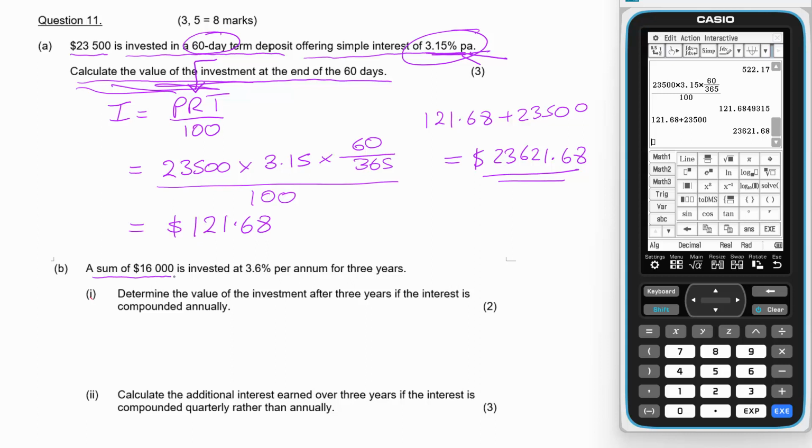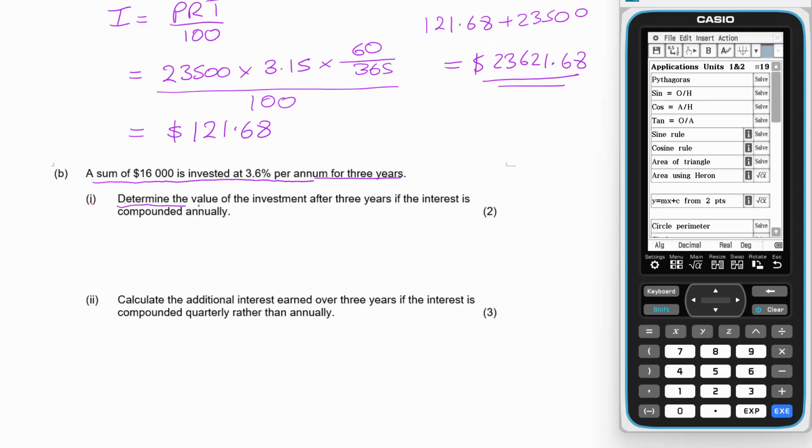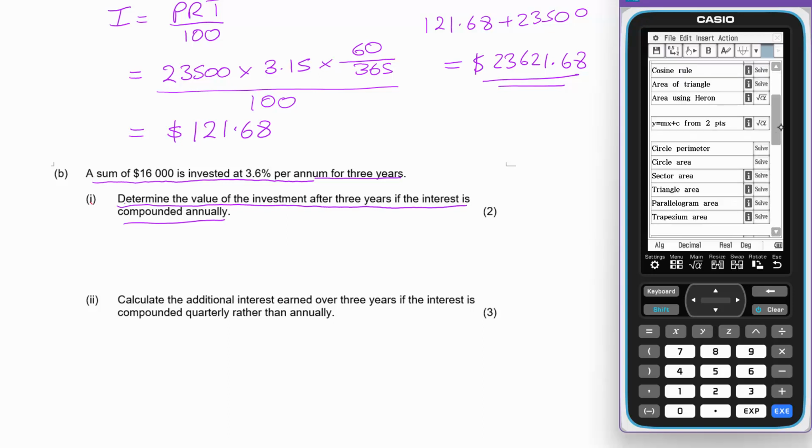A sum of $16,000 is invested at 3.6% per annum for 3 years. Determine the value of the investment after 3 years if the interest is compounded annually. So I would go to the e-activities now.